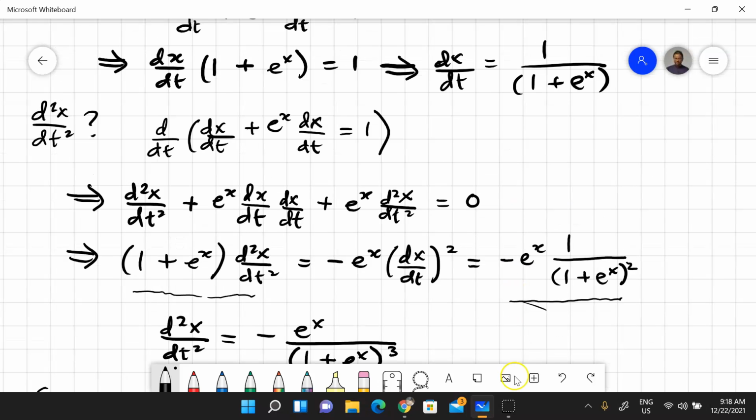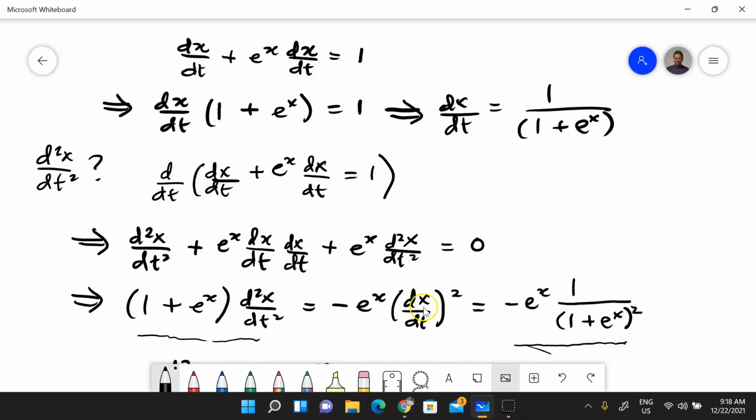Let me just go back. I will have this equation over here. Can I copy this? Sorry, I want to copy the whole thing, but it's too far away.